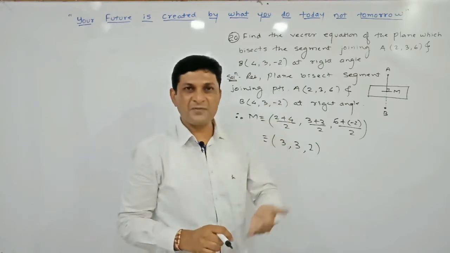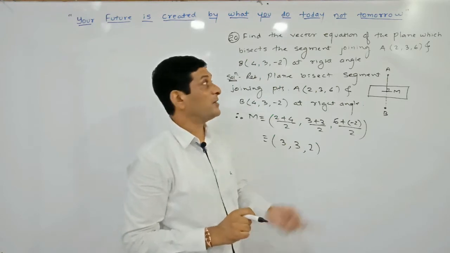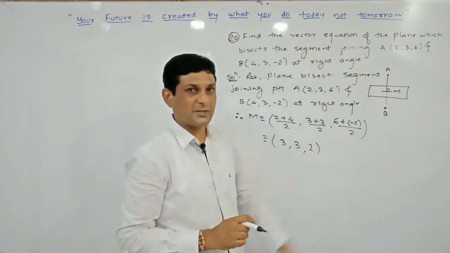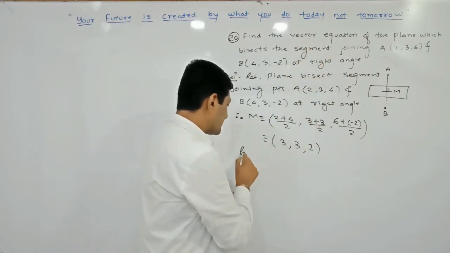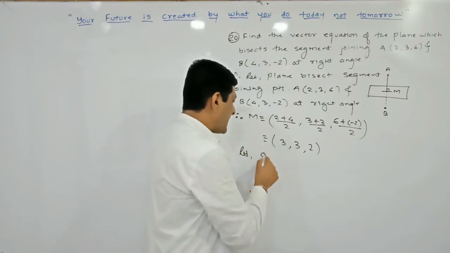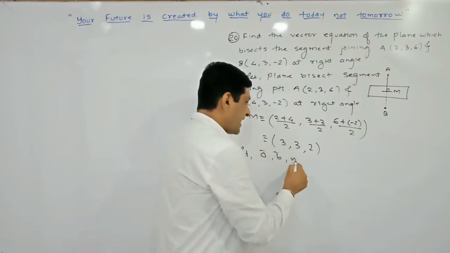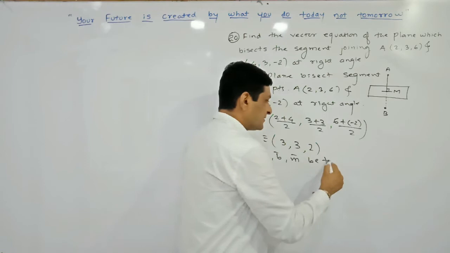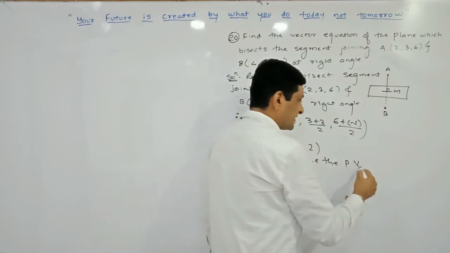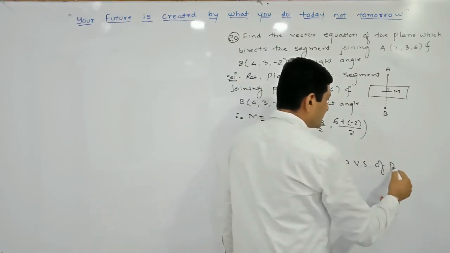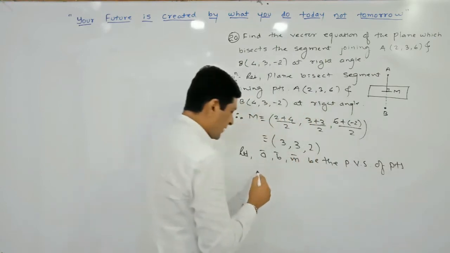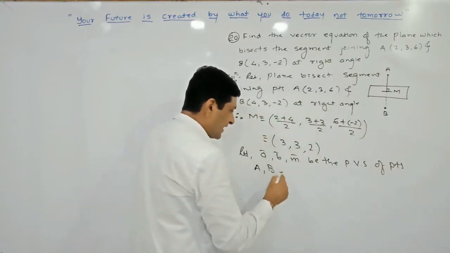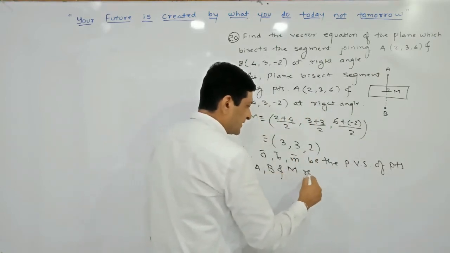First let us define the position vectors of these three points, because we have to find the vector equation. Let A bar, B bar, M bar be the position vectors of points A, B and M respectively.